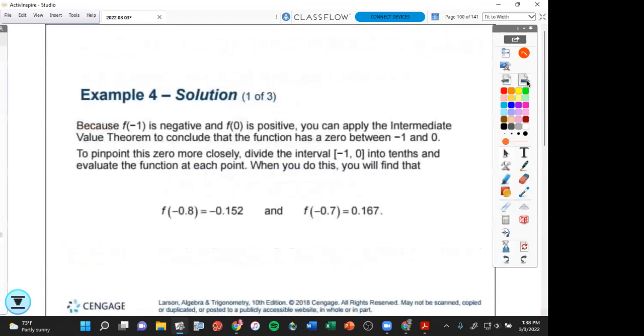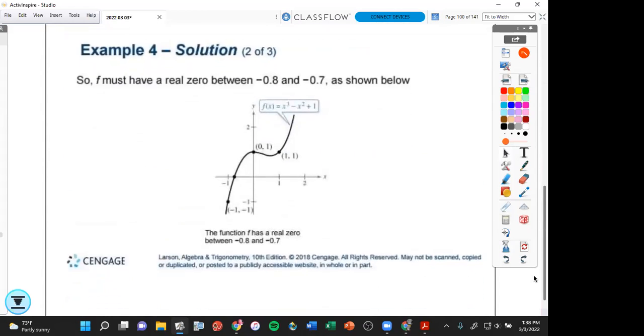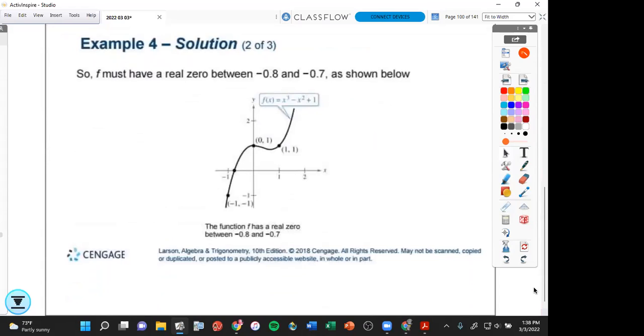If we plugged in -0.8, you would get -0.152. If you plugged in -0.7, you would get positive 0.167. So now I know that there is a 0 for this function, at least one, between -0.8 and -0.7. So you see how it's getting closer, right? So there you go, intermediate value theorem. Here is a graph of the function.